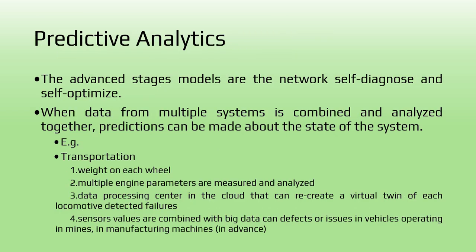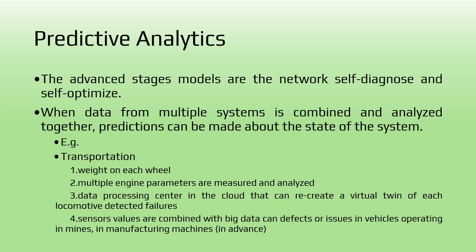Now, predictive analysis. In the advanced stages, models and networks self-diagnose and self-optimize. Predictive analysis is an application where we predict what can happen, and based on that we change the current atmosphere.